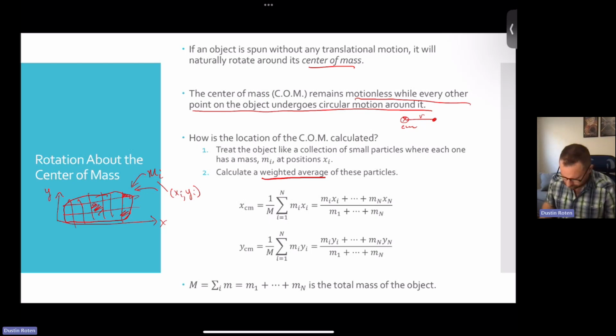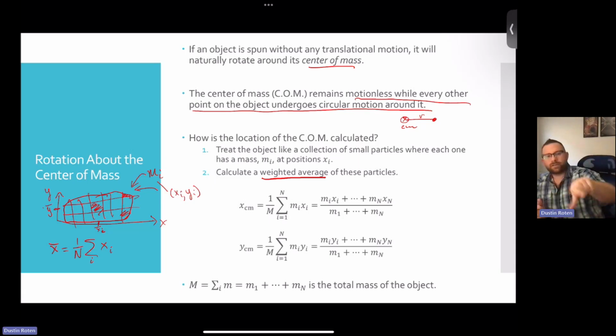So if I wanted to find the average x coordinate, I could just sum up all of these x coordinates and then divide by the total number of them, and that would give me where the average x position is. So the average x position might be right here. I could do the same thing if I wanted to calculate the average y position.